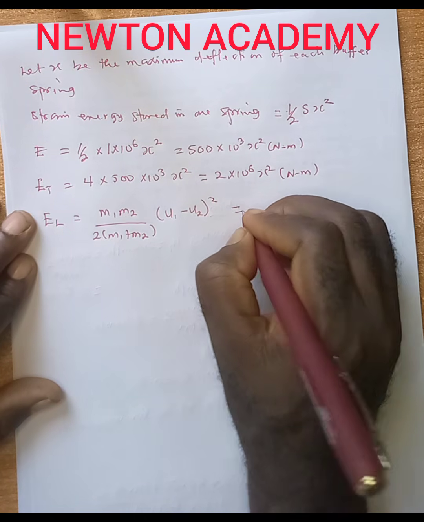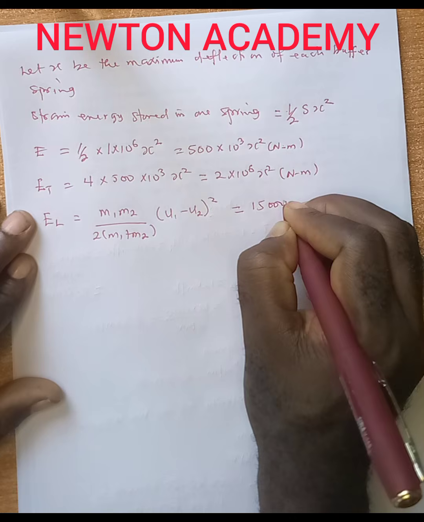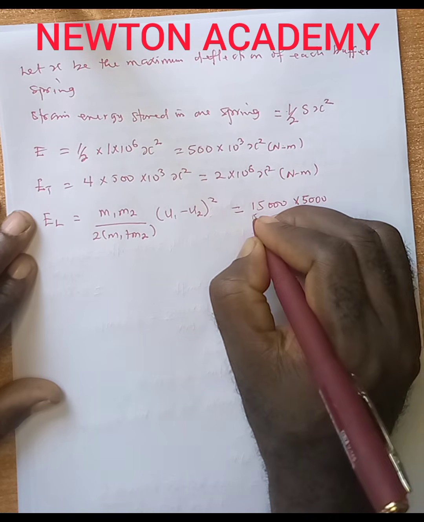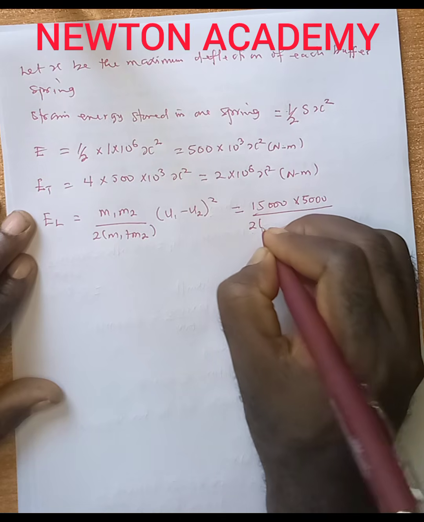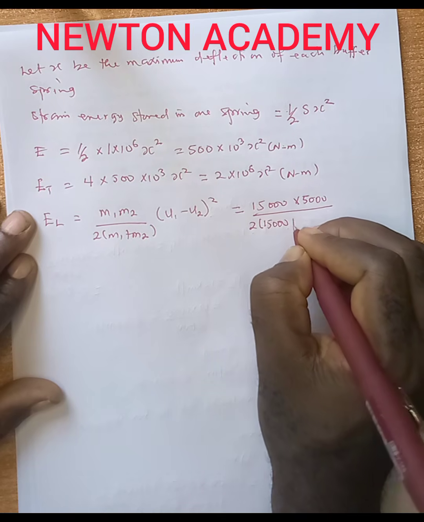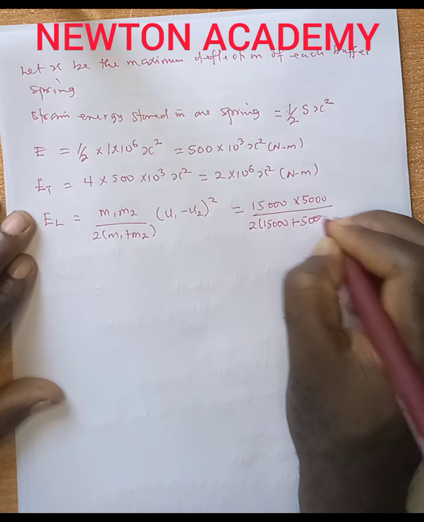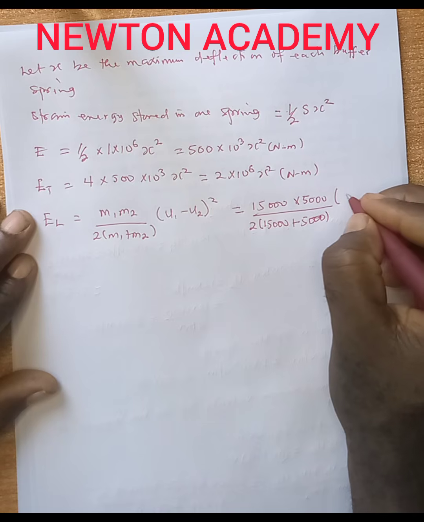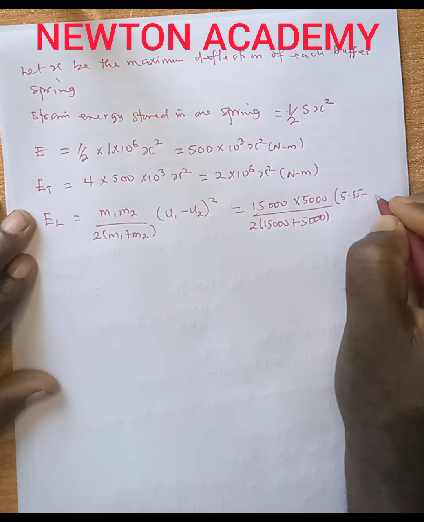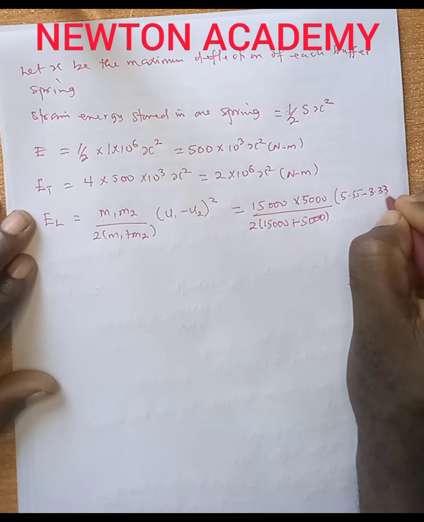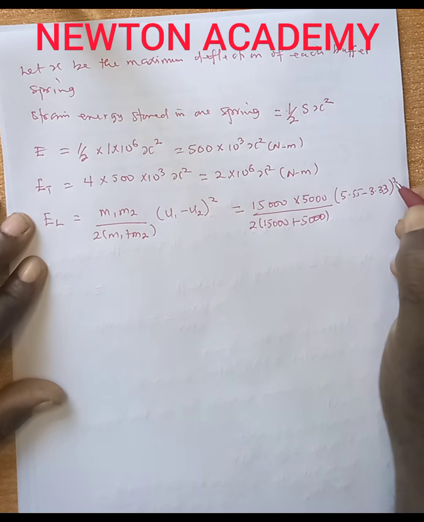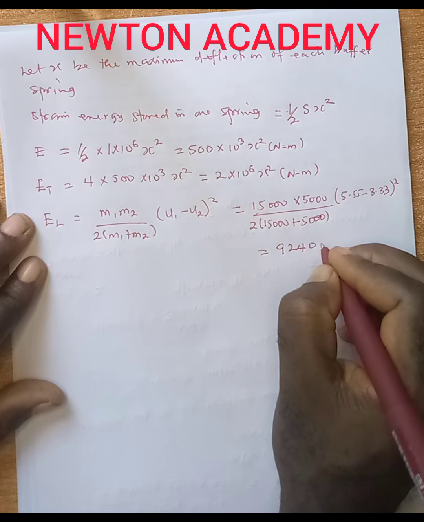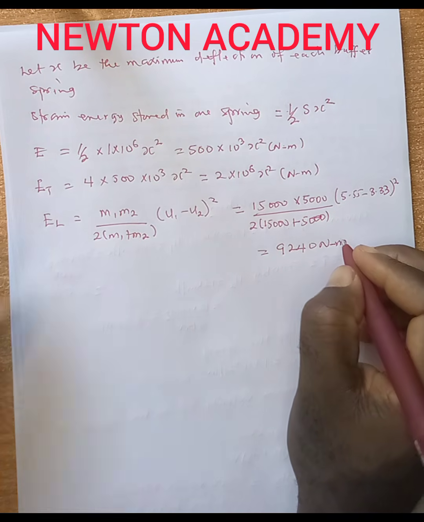Then when we substitute the values, we have 15,000 multiply 5,000 over 2 multiply (15,000 plus 5,000), then multiply by our u1, which is 5.55, minus u2, which is 3.33, squared. When we evaluate this, we are going to have 9240 Newton meter.